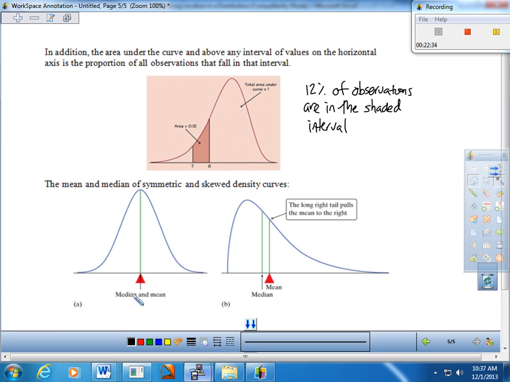And you can see that the mean and median are basically the same. And in fact, we kind of wrote that down, comparing mean and median based on the distribution. And we said symmetric, typically mean and median are very close together. The more symmetric, the closer together they are. So the way it works out, actually, if it's perfectly symmetric, they're the same. So I'm just going to write that. So same for symmetric density curve.